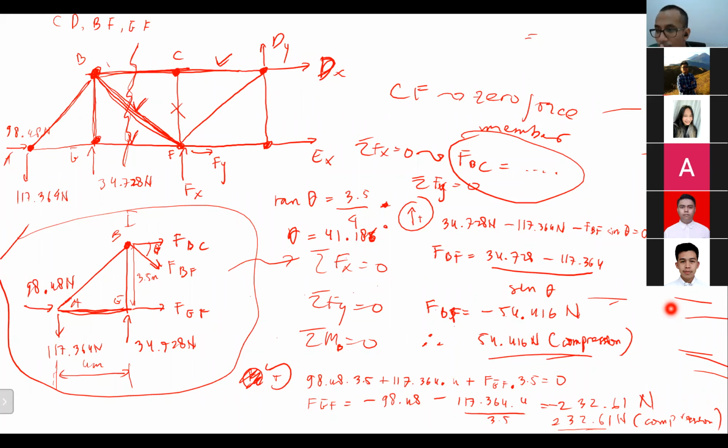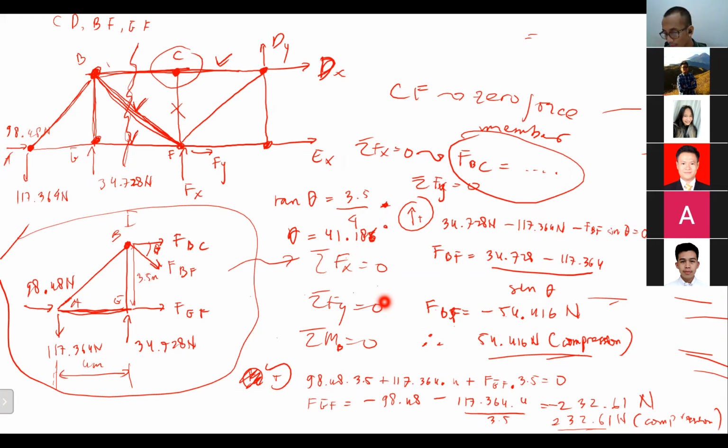This is another example on this. Sir, I want to ask why CF is equal to 0, because there is an Fx force. Yes, there is Fx and Fy at point F. Correct. But if you take a look at joint C, remember what I told you yesterday, William. If one end of a member is already determined as a zero force member, then it is a zero force member, so you have to check both ends.